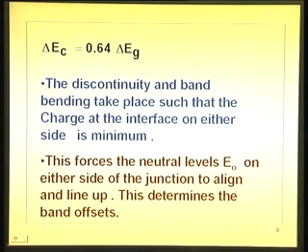The energy band diagram, let me draw it first. In fact, the conduction band is sufficient, but since we are discussing the other aspect, we will draw the valence band also. Fermi level there.